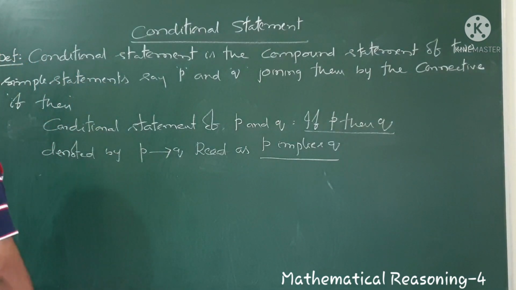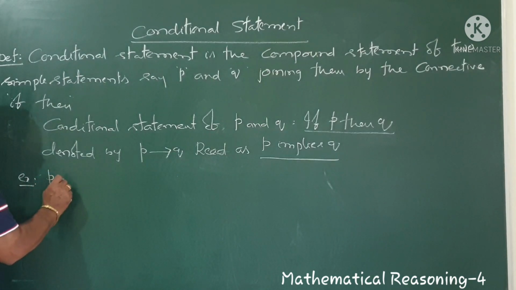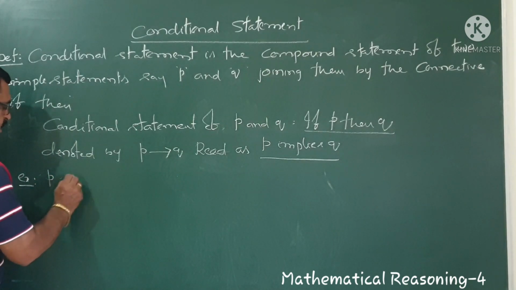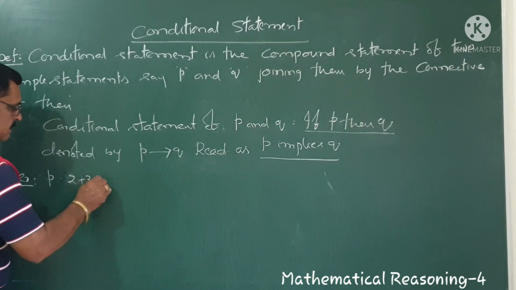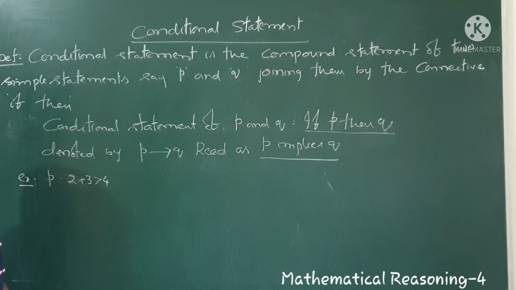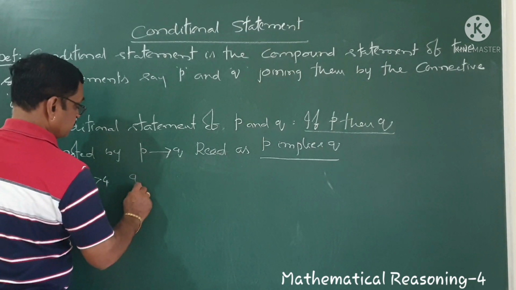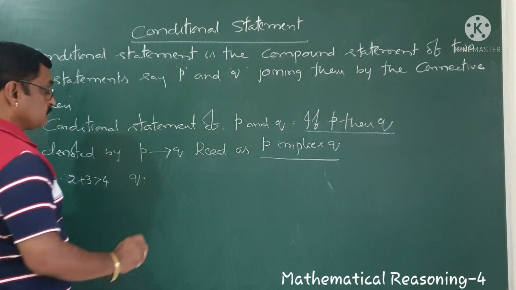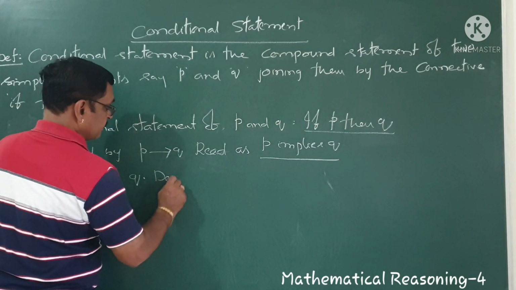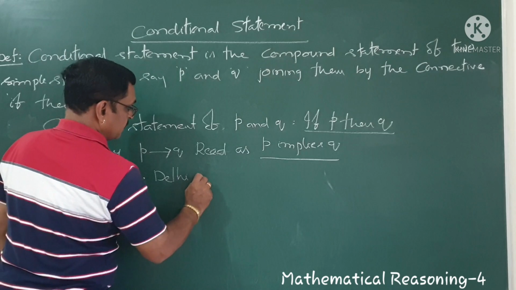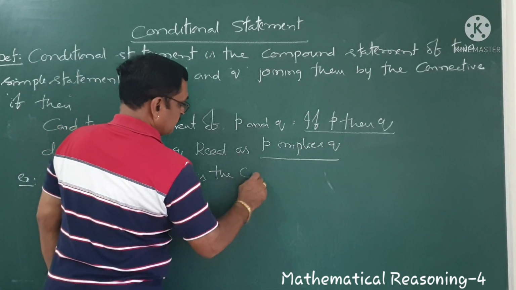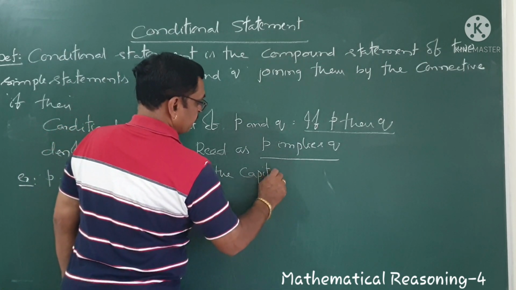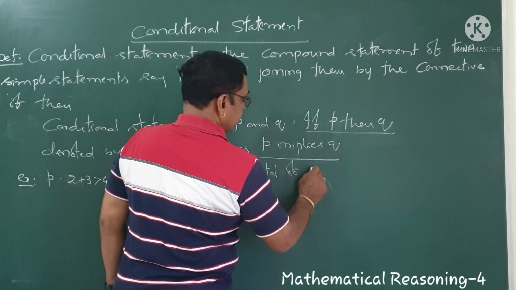Now, for example, P: 2 plus 3 is more than 4. Q: Delhi is the capital of India.